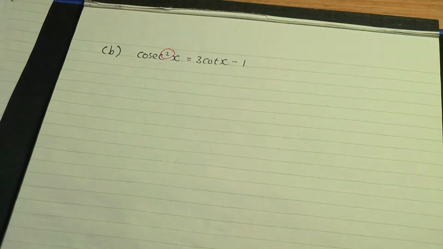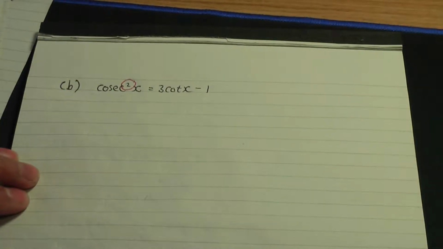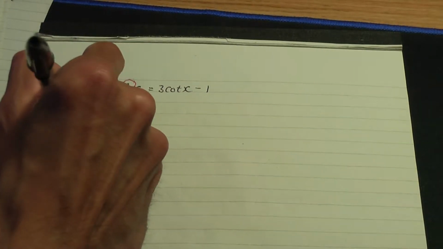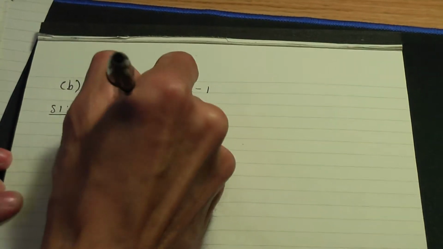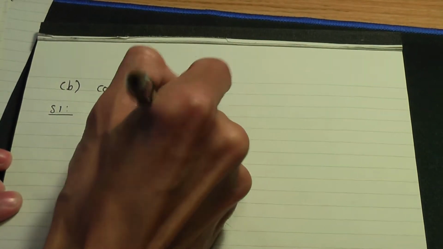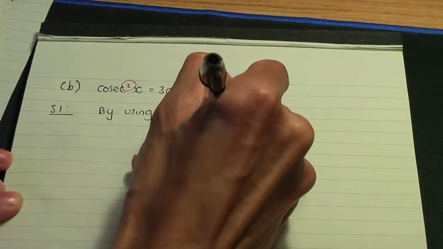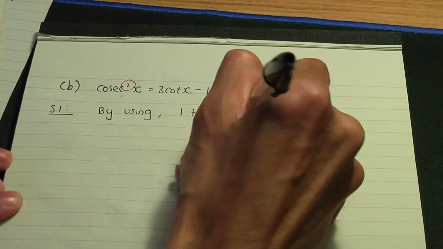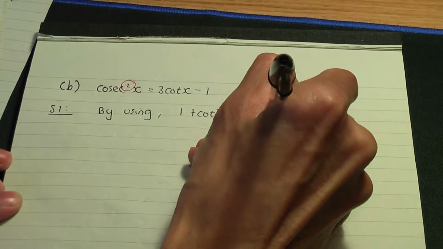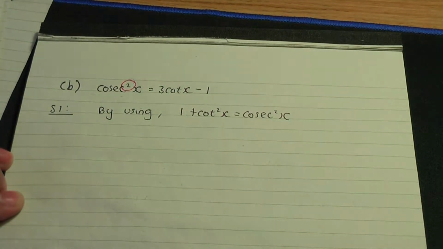So let's revisit the steps. Step number 1 is a side calculation. I'm going to be using the identity that we discussed, 1 plus cot squared x equals cosec squared x. This is the one for us.